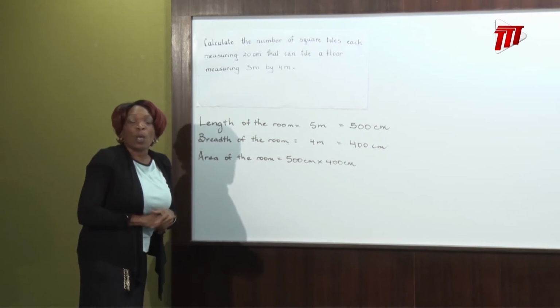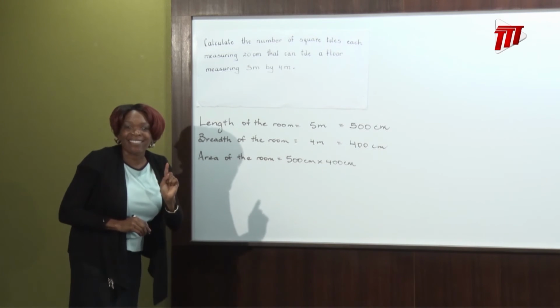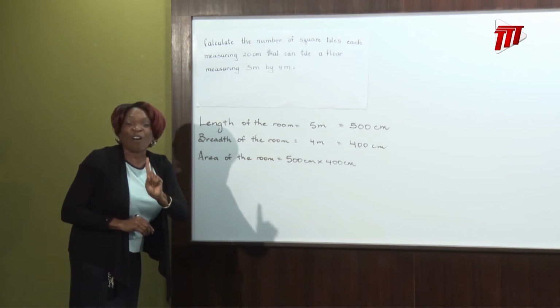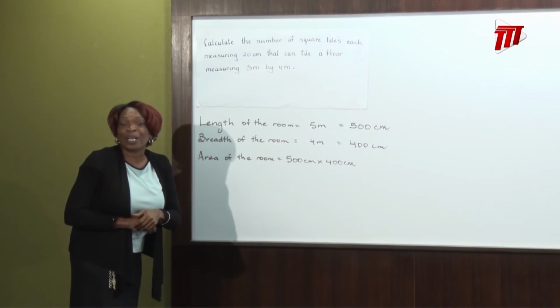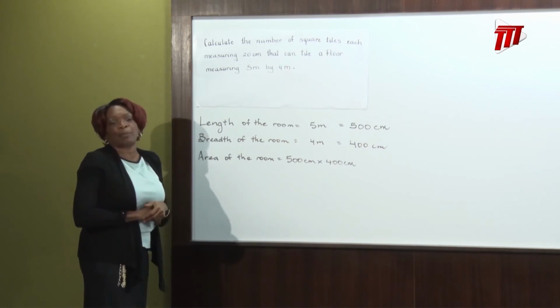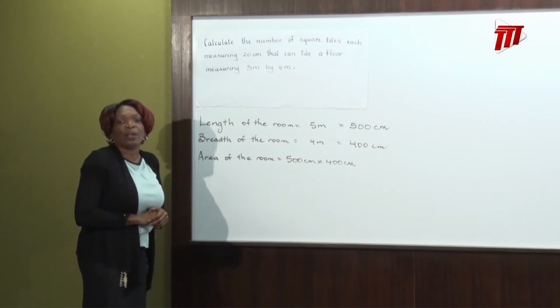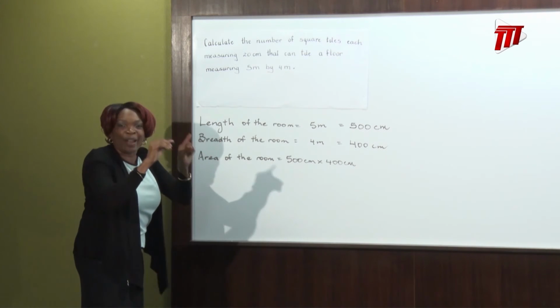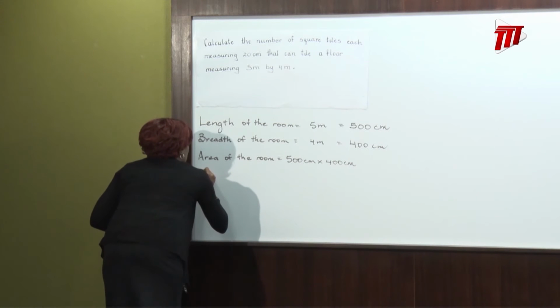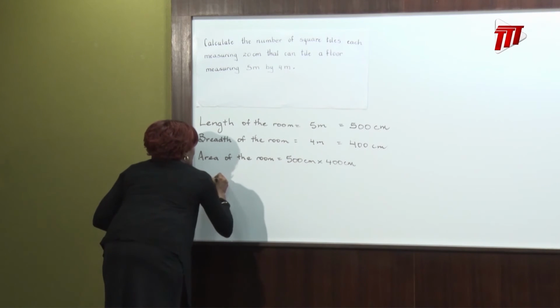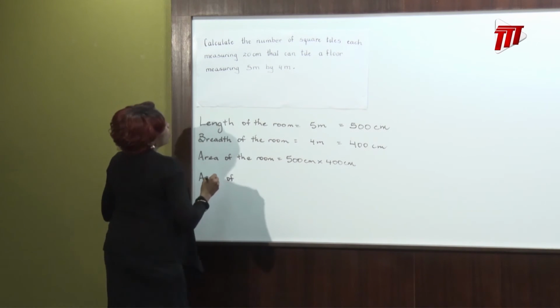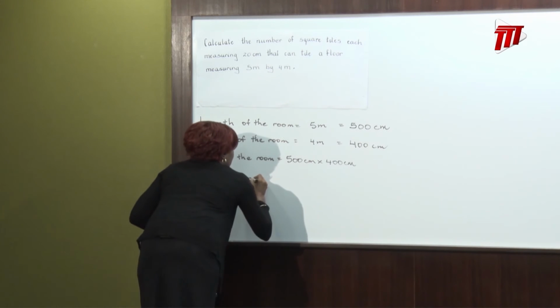We must find the area of that one tile. We cannot leave the 20 centimeters like that because that's just the side. We must now find the area. So we are going to find the area of one square tile.